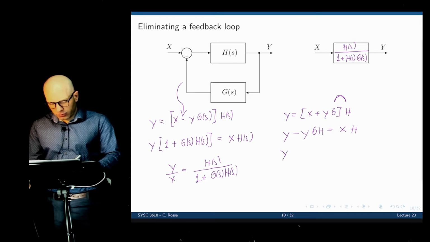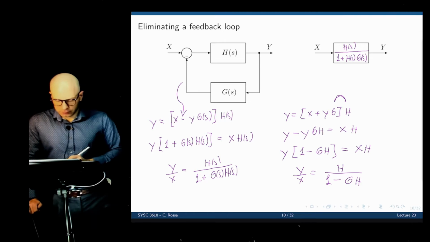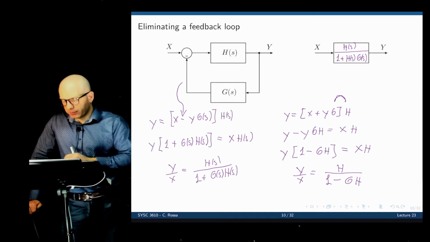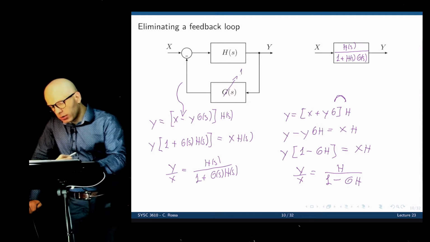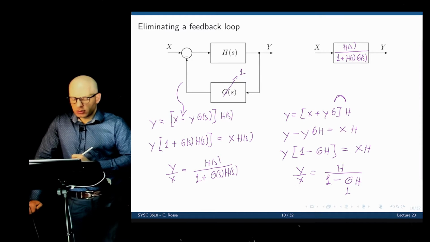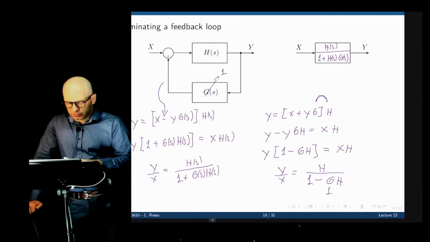Now we can factor out Y: 1 minus GH equals XH, which means that Y over X is H over 1 minus GH. Okay. And notice that when H is 1, then G is 1, then we simply have this goes to 1, and then we go back to this example.